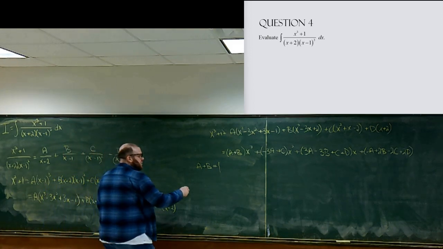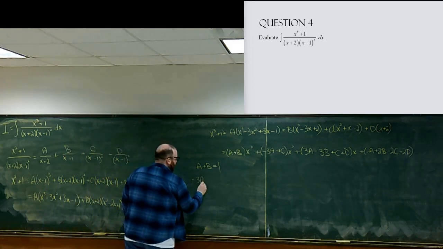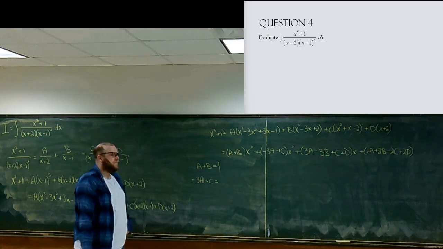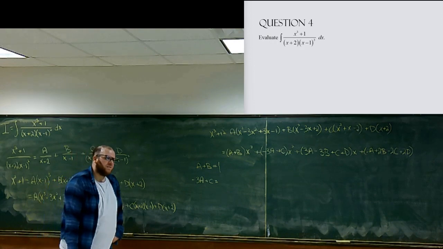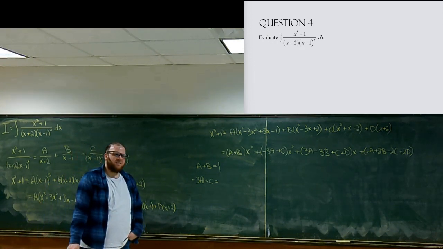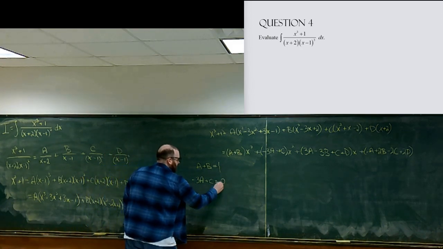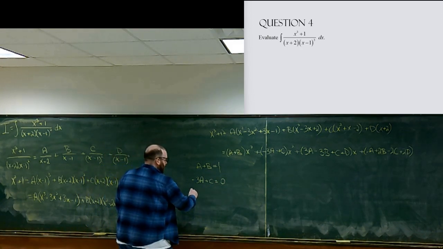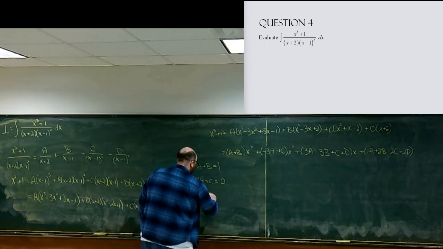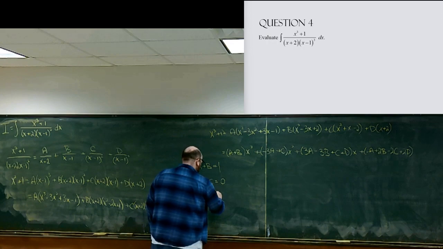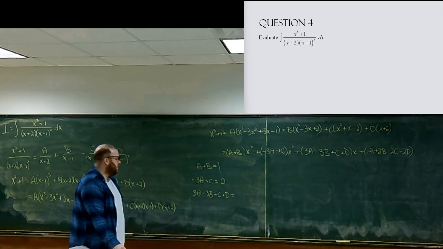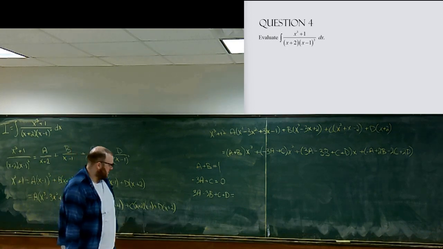Okay. x squared, negative 3a plus c has to equal 0. For the x, 3a minus 3b plus c plus d has to equal what? 0 also.